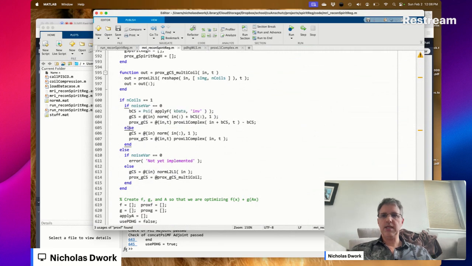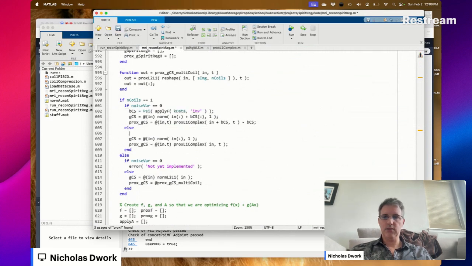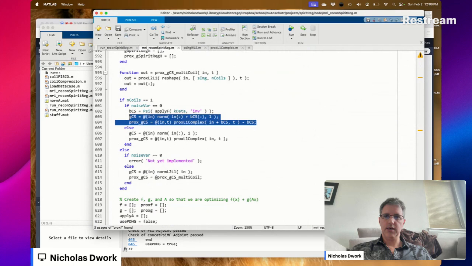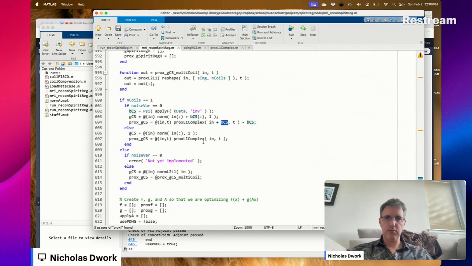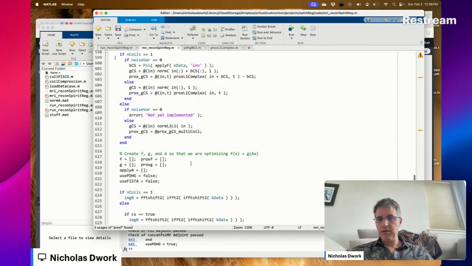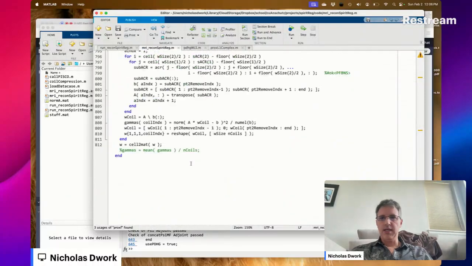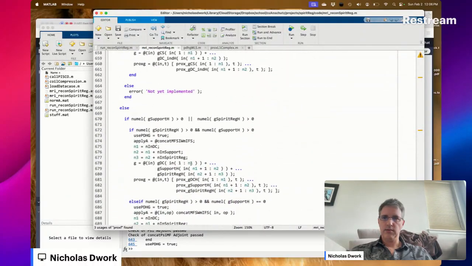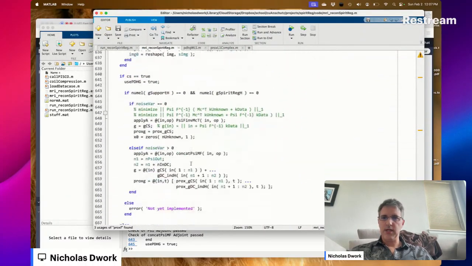We could just set BCS here to 0 and then just call these two. If BCS were 0, it would be the prox L1 complex of in. GCS would be norm of in 1. So certainly looking like the problem's in the indicator function. It's my best guess right now.